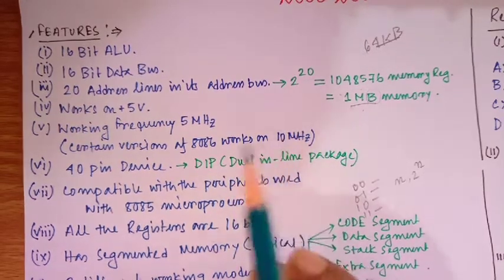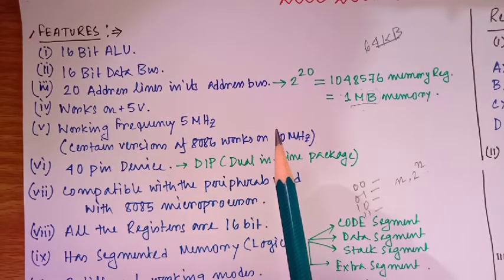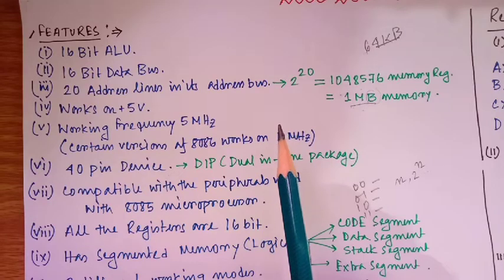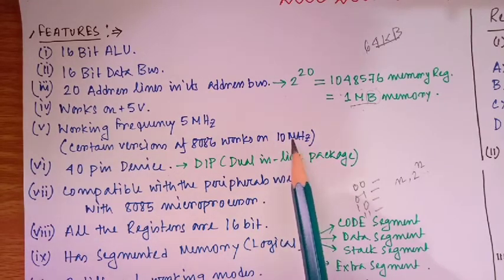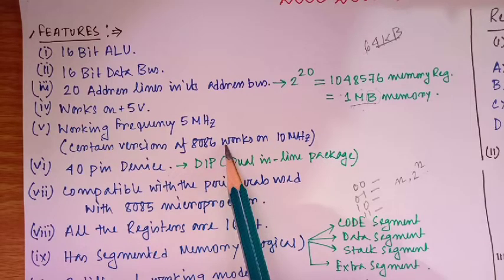So there is a certain change in the working frequency. If a processor works at a higher frequency, it takes less time to execute a single instruction. So with respect to 8085, due to its clock frequency, it is a faster one.